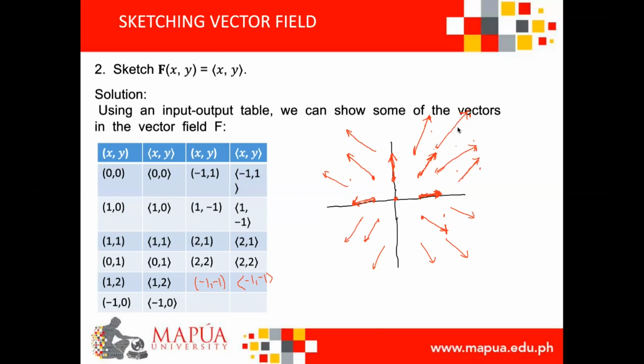If you have these vectors in the first quadrant, they are all parallel but have different lengths. Likewise in the second quadrant, they are parallel but of different length. Likewise in the third and fourth quadrant. So let us now check graphing this vector field using MATLAB.